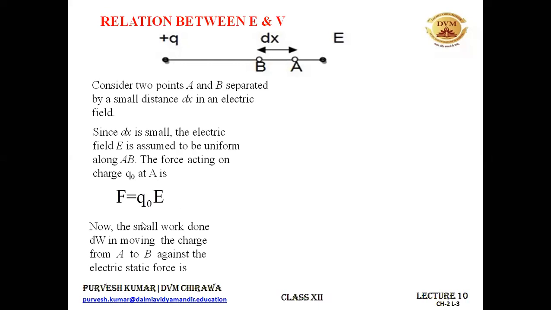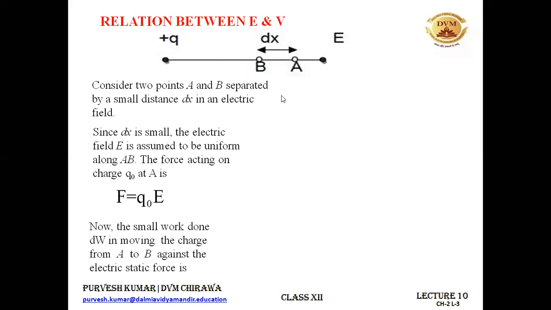Now, let a small work dW be done in moving the charge Q naught from A to B. Since we are moving the charge Q naught from A to B, this plus Q charge wants it to be repelled, and we are doing the work against the force of repulsion of this plus Q charge.